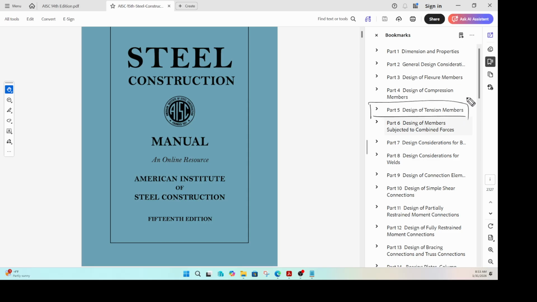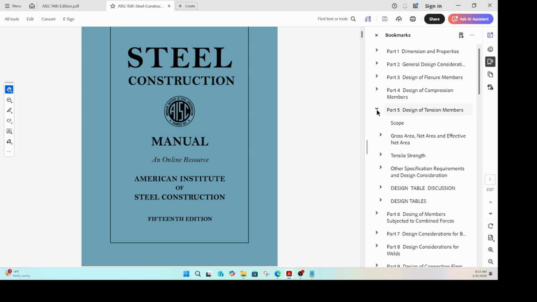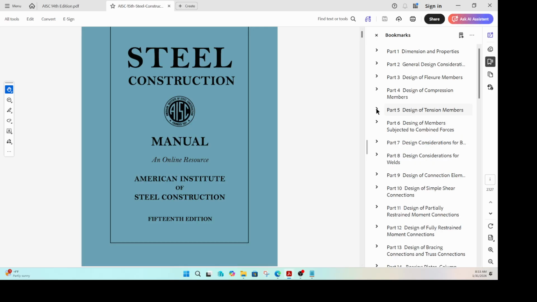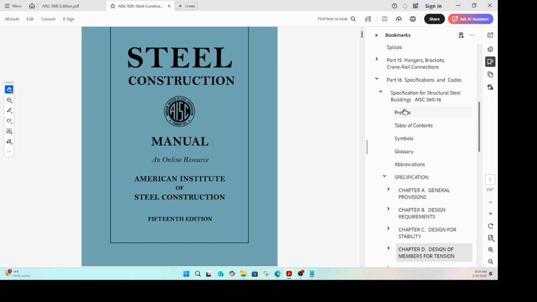But this part will only have minimal information about some definitions, and then the most important things in these parts are the design tables and the omega factors and phi factors and all that, right? But for the actual discussion, if you have to get in depth, then you'll have to go to the specifications, which is part 16.